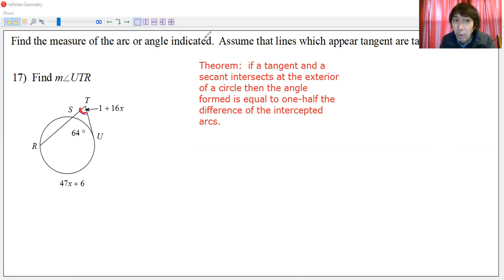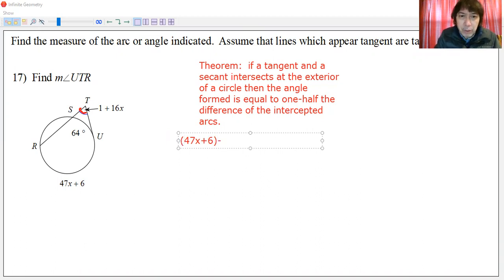So we're going to use the 1 plus 16x. So we shall make our equation the bigger arc minus the smaller arc. Okay, let's start there. All right, so the bigger arc is 47x plus 6. Okay, this is the bigger arc there.